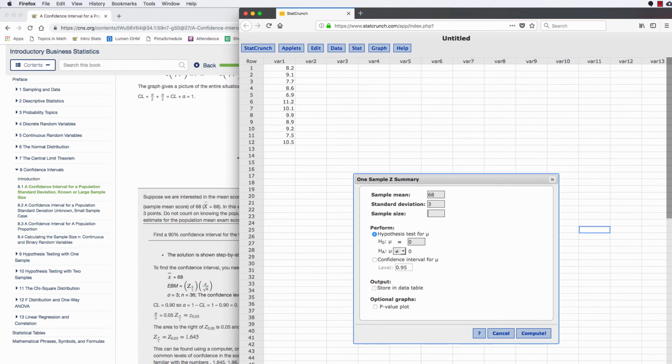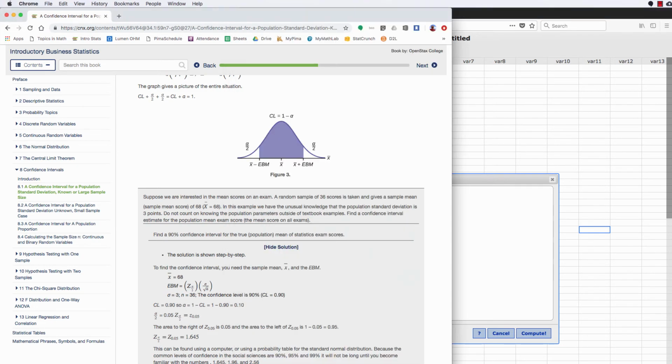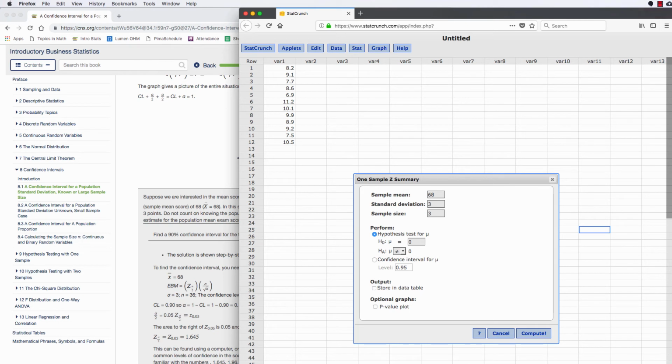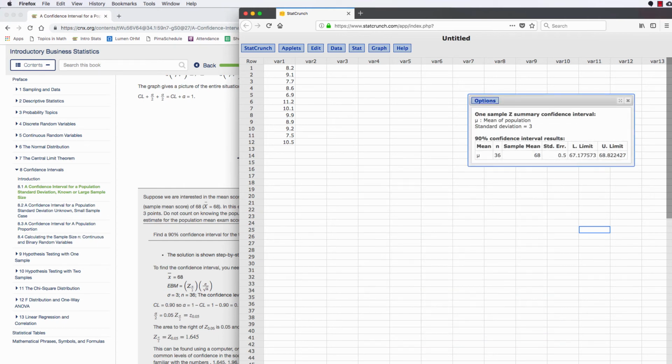The sample size was 36. And we have to click confidence interval, and we're doing a 90% confidence interval. And compute, and we see 67.1775. This goes in a little bit more depth than the calculator, and we get the same answer that they had on the page.